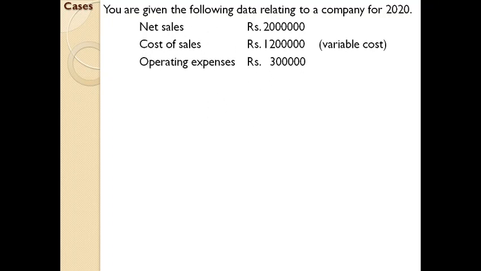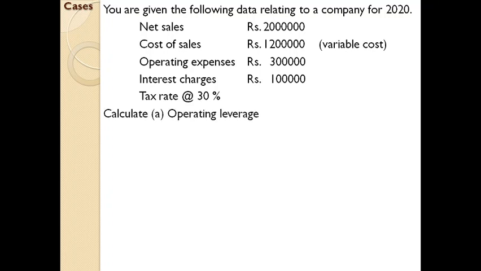Operating expenses 3 lakhs, interest charges 1 lakh, and tax rate is 30% of earnings, which we will be computing in this case. You are asked to find operating leverage, financial leverage, and combined leverage.